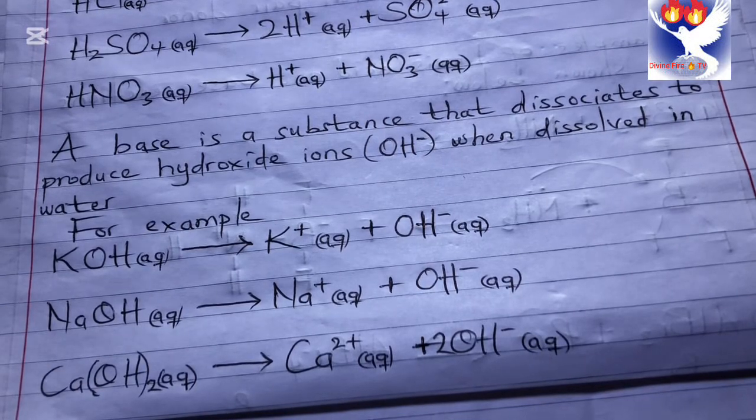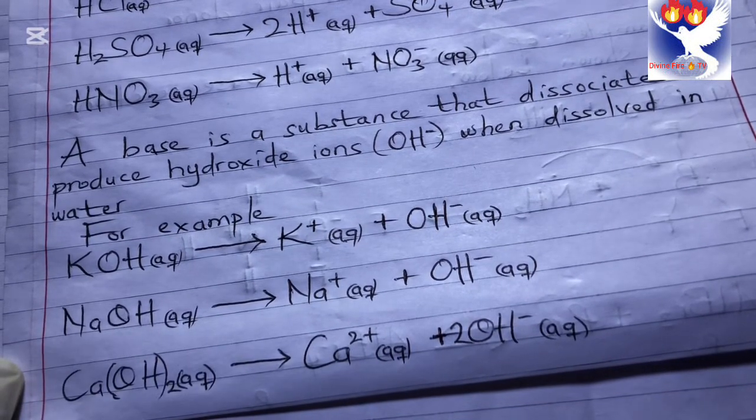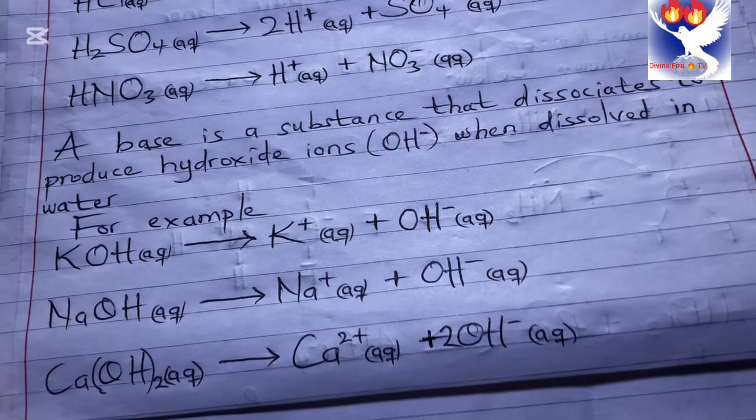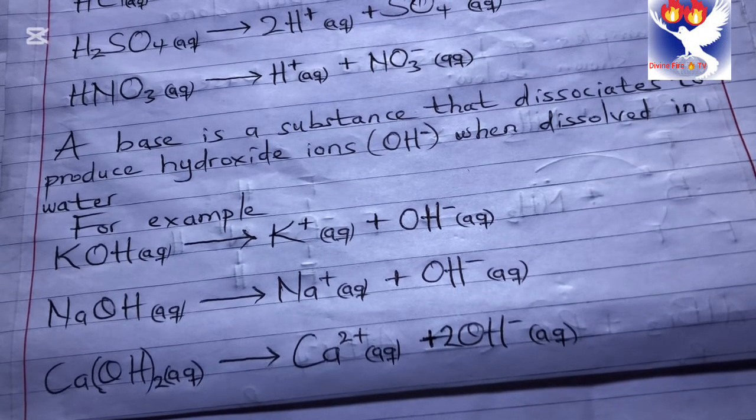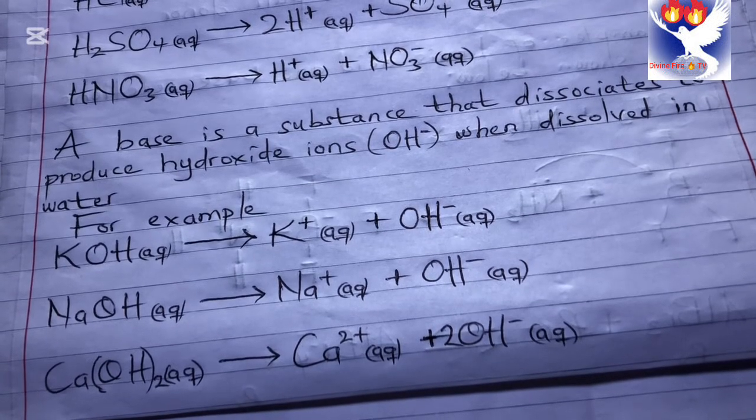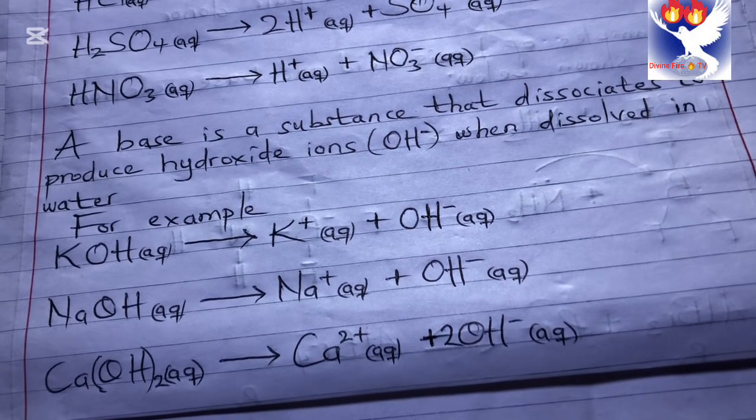So when you put a base in water, it produces hydroxide ions. A molecule that produces hydroxide ion, OH minus, when dissolved in water is an Arrhenius base. It dissociates to produce hydroxide ion as the only negatively charged ion.